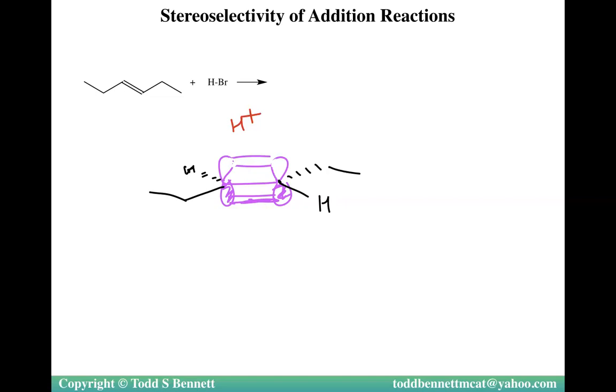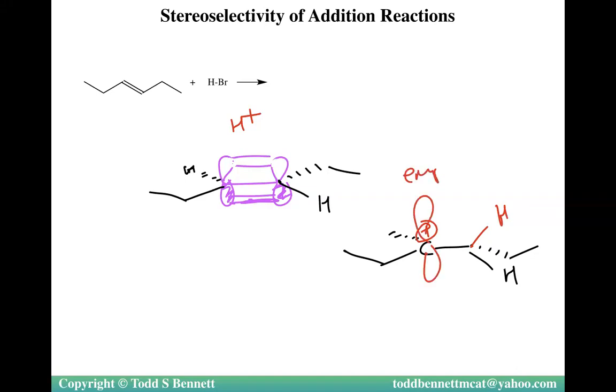But what does matter is once it goes on, so let's say I choose to put the H on the right. And then let me draw it in red to emphasize it's a new one. So I now have a plus charge here. This still has an empty p orbital. An empty p orbital can be attacked by Br minus.